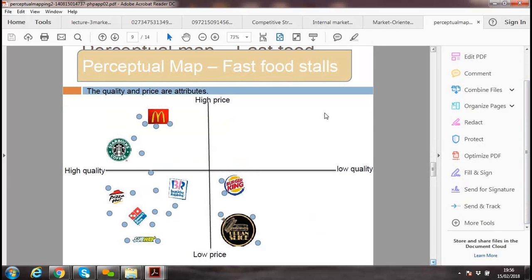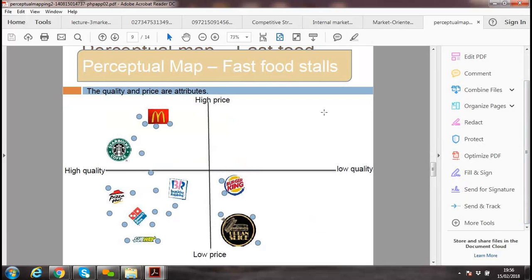Like quality and price attributes: high price, McDonald's, Starbucks. People have a perception of high quality and low price. Maybe some people see low price but still high quality.